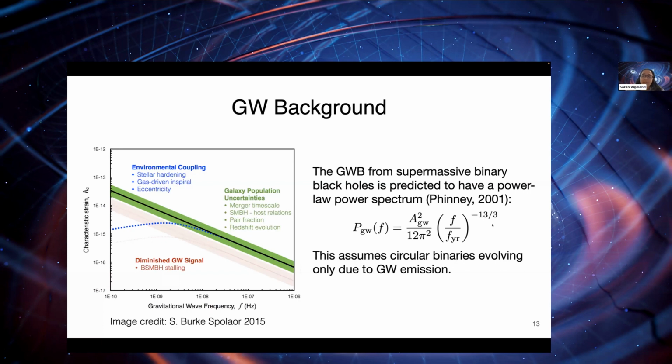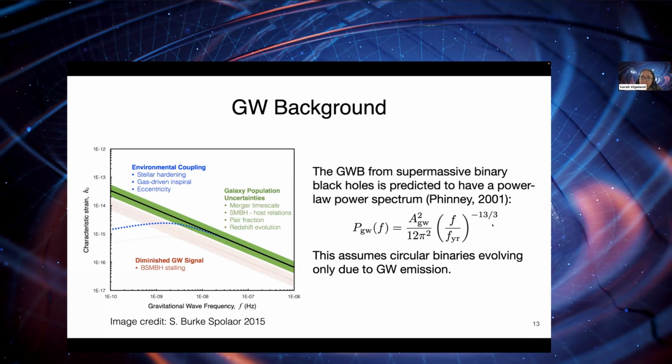Roughly speaking, the amplitude tells you about things like the mass distribution of supermassive black holes and the merger rate and time scale, since binaries form in galaxy mergers. The shape of the spectrum is determined by the astrophysical effects driving the black holes to merge.